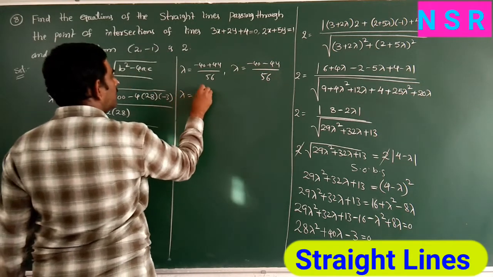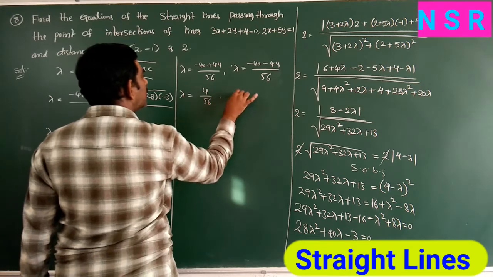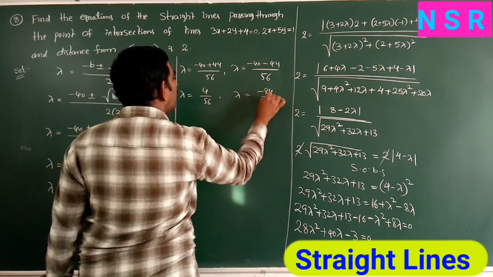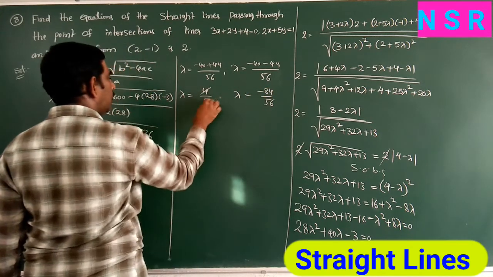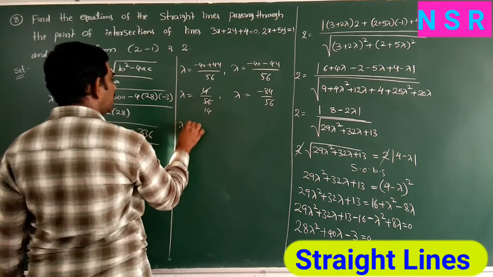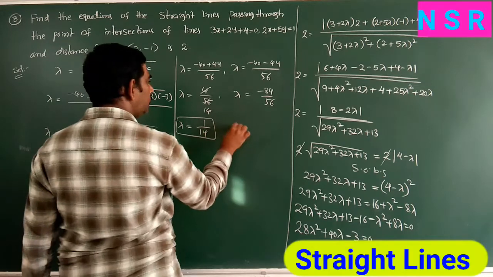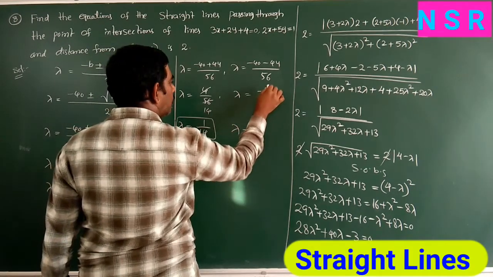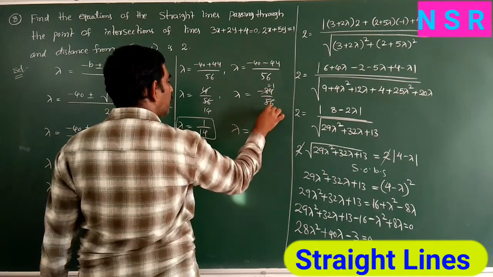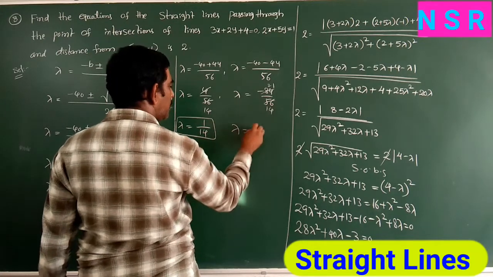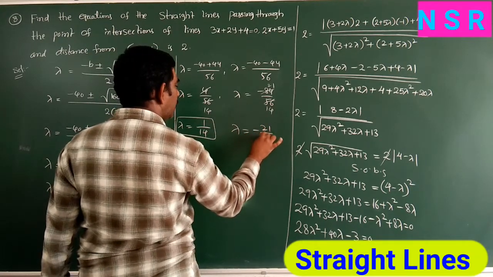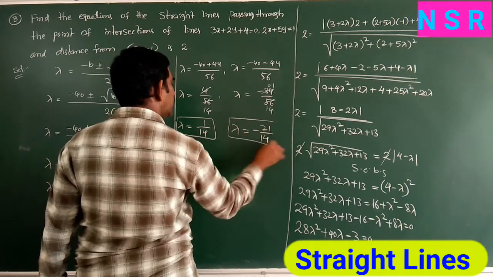Now lambda is equal to 4 by 56, minus 84 by 56. Now 4 1s are 4, 4 14s are 56. So 1 by 14, and 4 21s are 84, 4 14s are 56, so minus 21 by 14. So these are the lambda values.